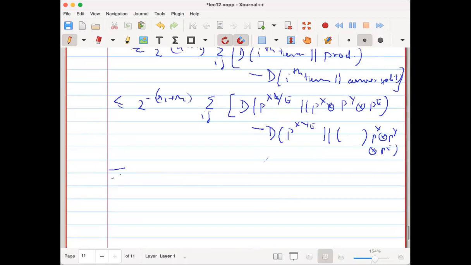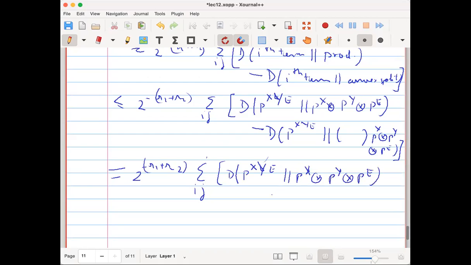So I can further say that this is equal to 2 to the minus R1 plus R2, minus this will be the same D of p_{XYE} relative to p_X times p_Y times p_E.